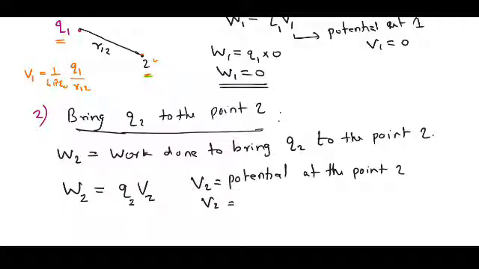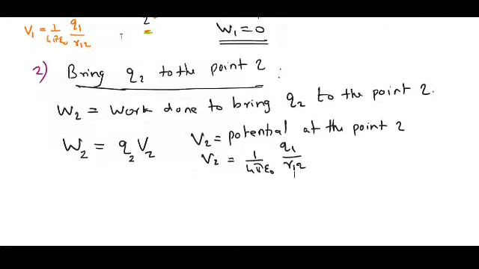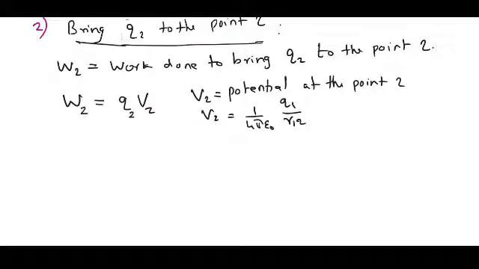Therefore, we can write 1 by 4 pi epsilon 0 Q1 by R12. Now substituting V2 here, our W2 will be Q2 into 1 by 4 pi epsilon 0 Q1 divided by R12.